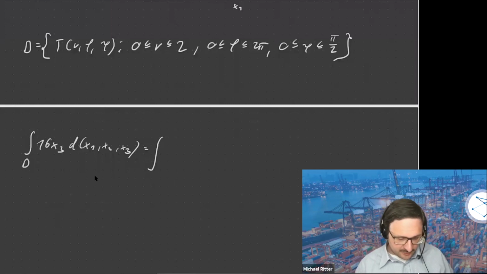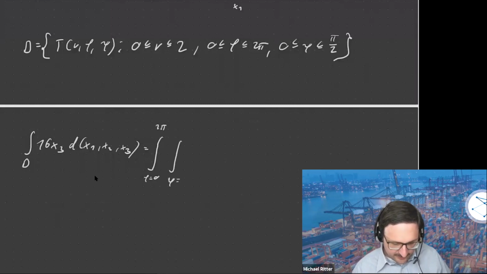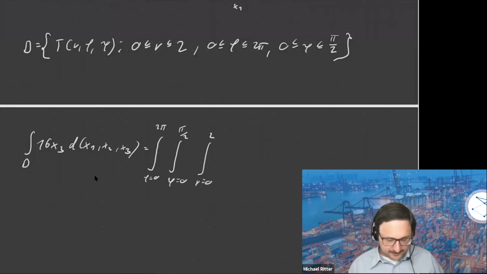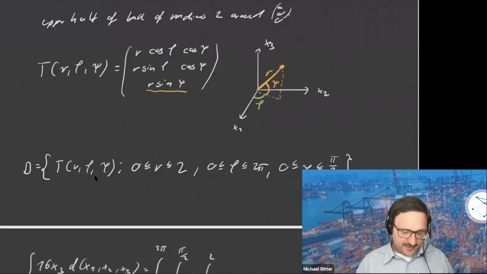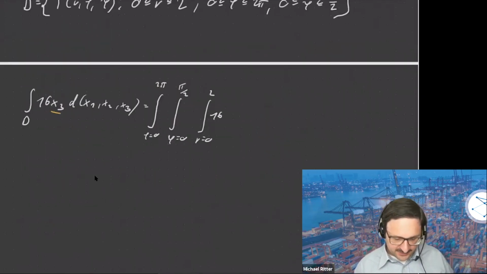So for example, we could integrate over phi as the outermost integral from 0 to 2 pi, integrate over psi as the second one from 0 to pi over 2, and integrate over r as the innermost integral. And the values that we have here will be 16 times, and that x3, remember, that is r sine psi.